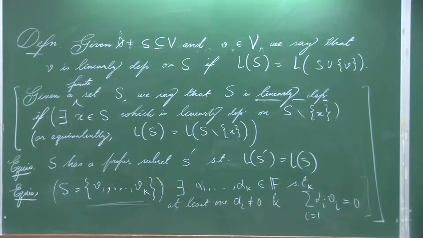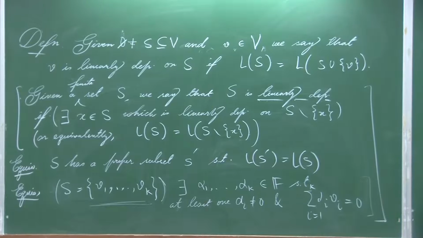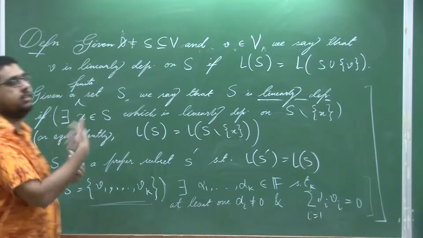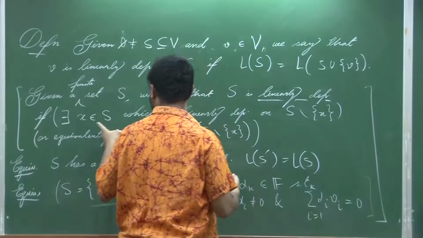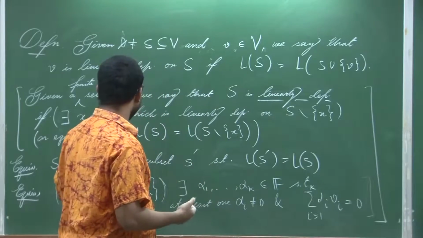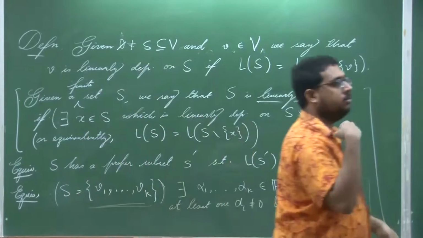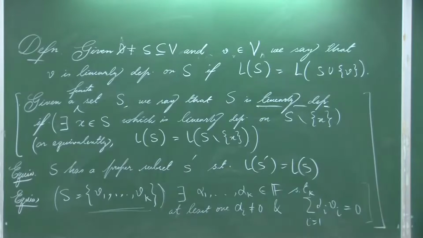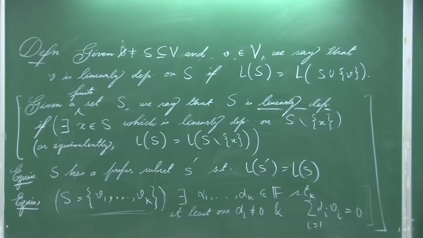We call it linear because all these combinations are linear combinations. So, if x is a linear combination of some elements, then we say that x is linearly dependent upon the other elements.